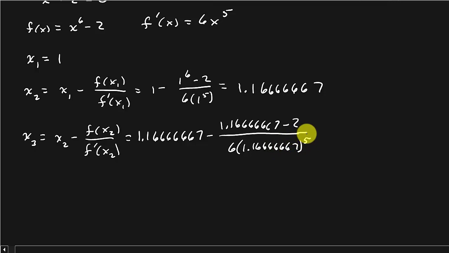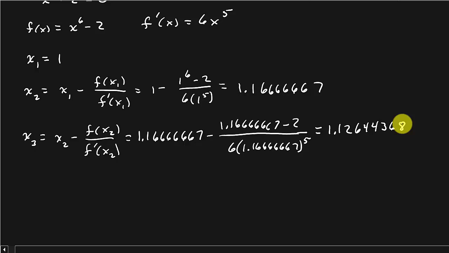Right, and look, when you're plugging all this stuff in, make sure you write all the decimal places. All right, so this is going to give us 1.12644368.